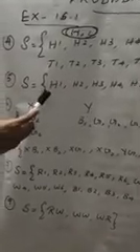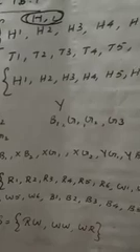When the coin shows head, a die is thrown. When the coin shows tail, there is no other experiment, tail only. When the coin shows head, you have to consider the second experiment, a die is thrown.